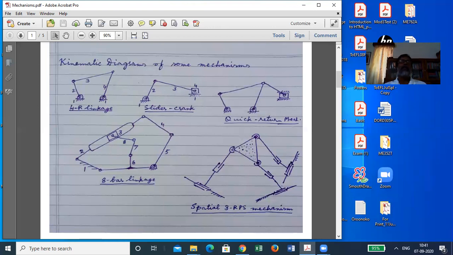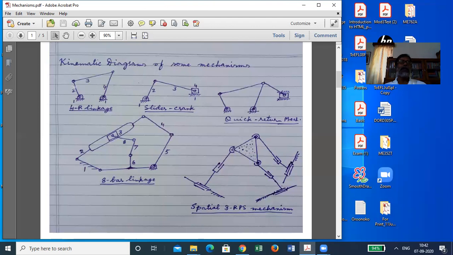However, this is also sometimes referred under the general head of 4-bar mechanism by slight adjustment of the term, and because you don't see the fourth as a bar. Okay, doesn't matter, you did not see the fourth bar here also because one link was grounded, one link was fixed.